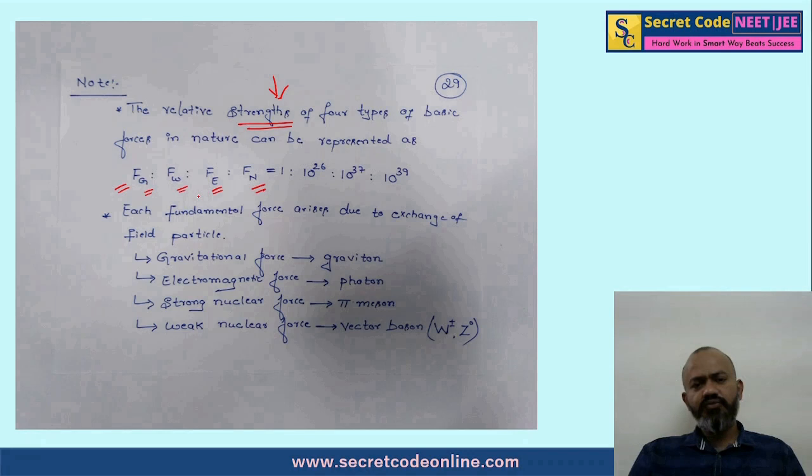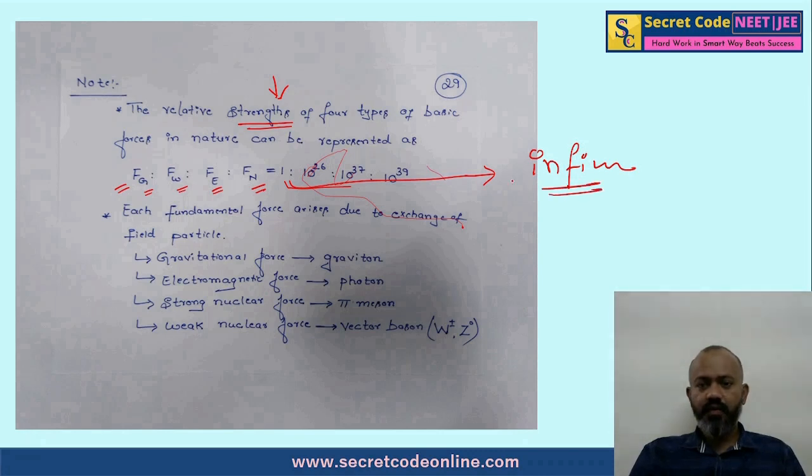These forces are in this relation. One means infinity, one is nothing but infinite. Gravitational is very less, and the weak nuclear force has strength 10 to the power of 26. The electromagnetic force has strength 10 to the power of 37. The strong nuclear force has strength 10 to the power of 39. This is the relation which you have to remember.